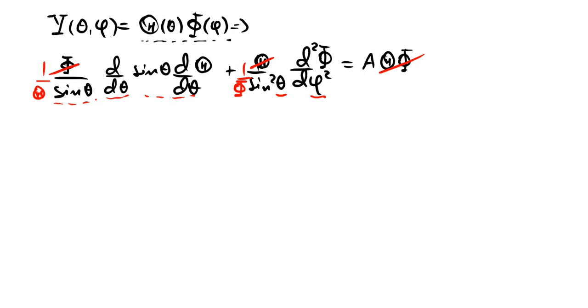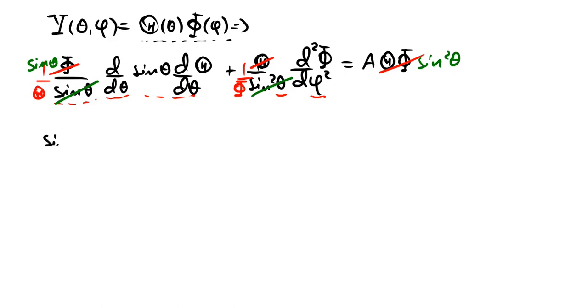But I can still multiply everything by sine squared. Then I have sine of theta as it is squared, then I cancel this one. Sine squared cancels this one. Then I have sine squared of theta on the other side here. Now I can find an equation where I have two terms and they have separated variables.